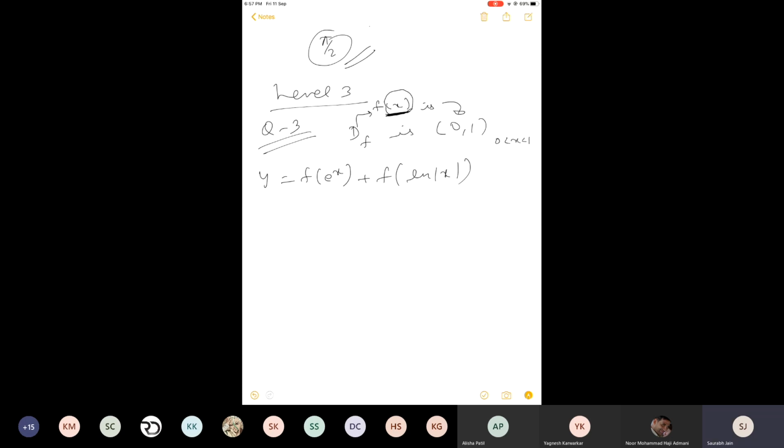This term e to the power x is behaving as x, and ln mod x is behaving as x. And we have put these terms e to the power x and ln mod x in function f, so they must lie between 0 and 1.